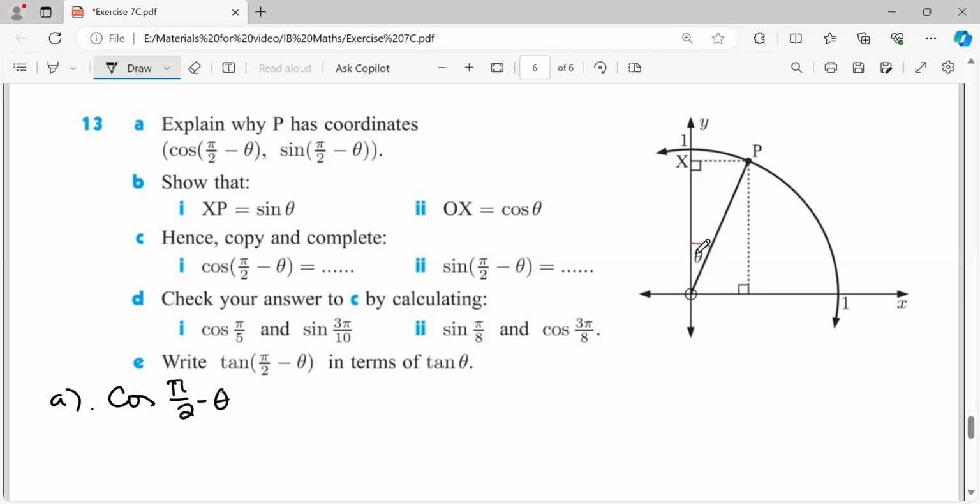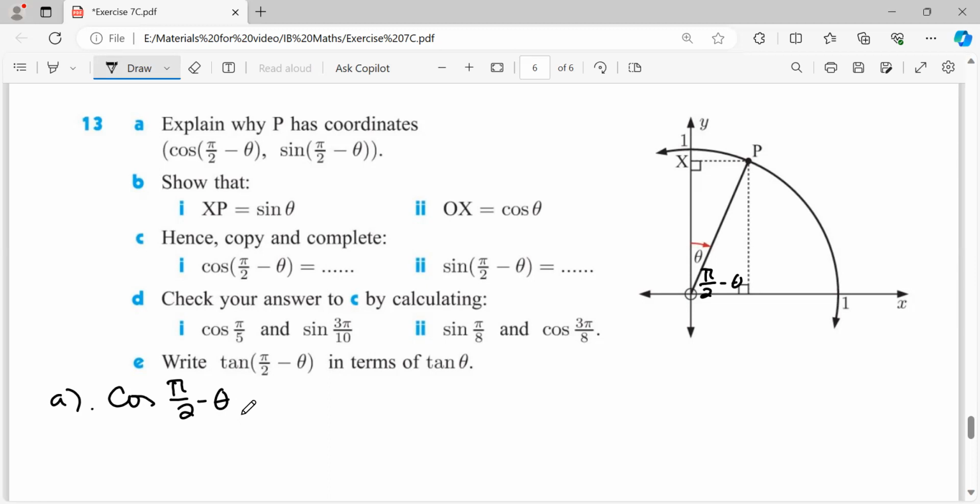If this is angle theta, it means this angle is pi over 2 minus theta, because this angle is pi over 2, 90 degrees or a right angle. So it means this angle is pi over 2 minus theta.